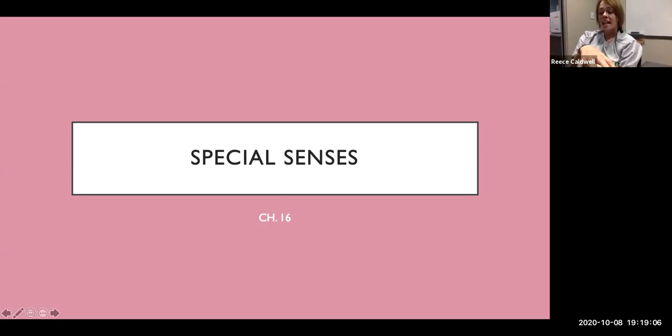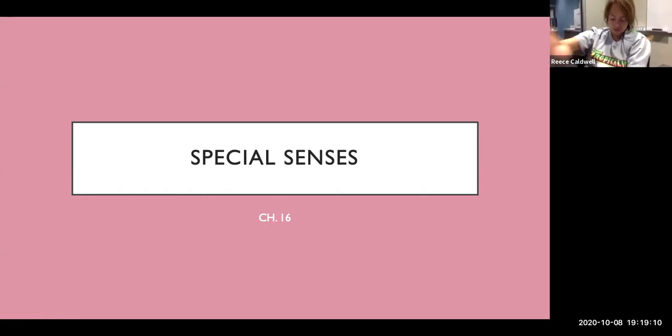Now we are to our last chapter, special senses. This is chapter 16. We have 5 special senses in the body. I don't think this is written down anywhere, so you might want to write them down. Our 5 senses are smell, smelling; touch, touching; vision, or seeing; taste, tasting; and balance, equilibrium.